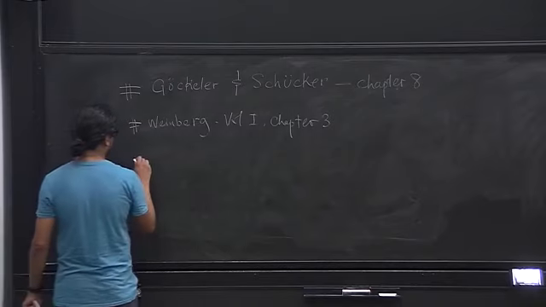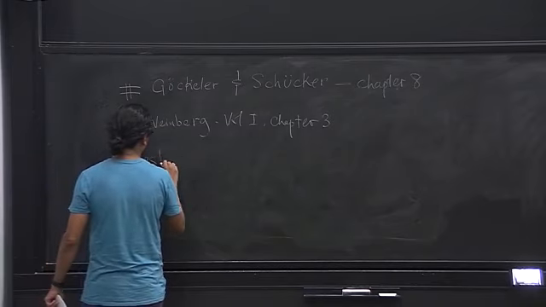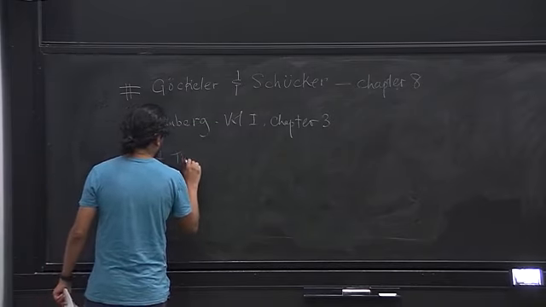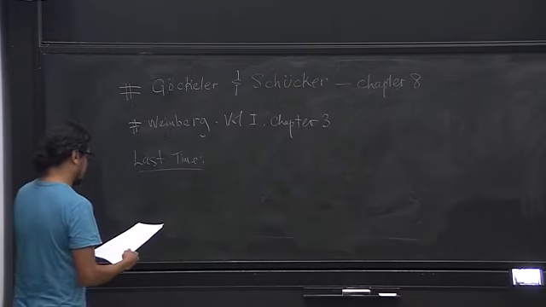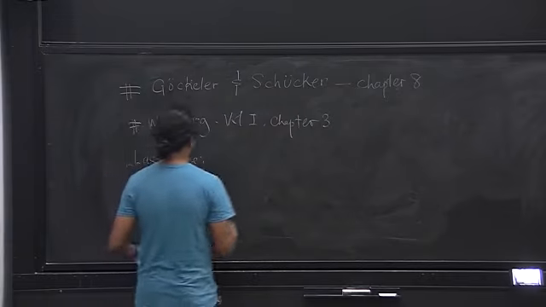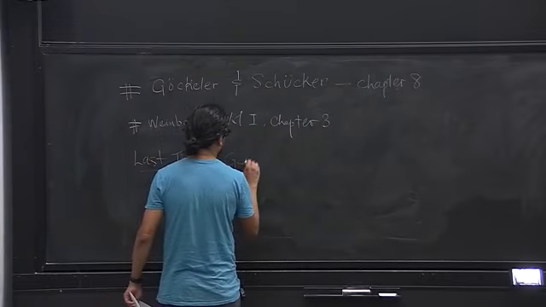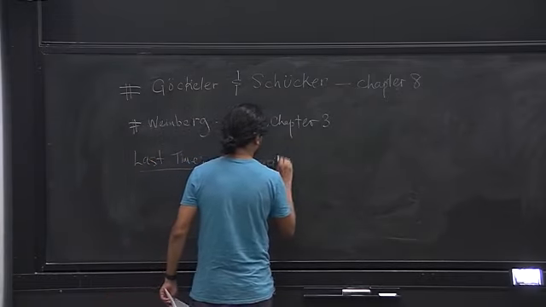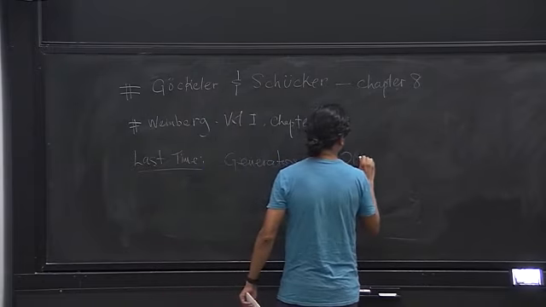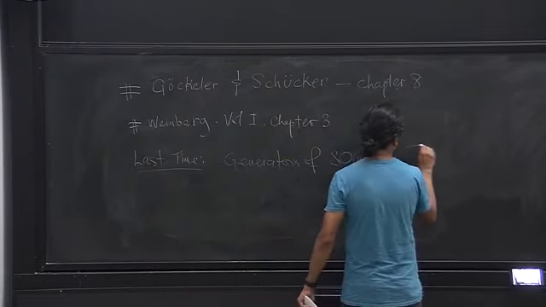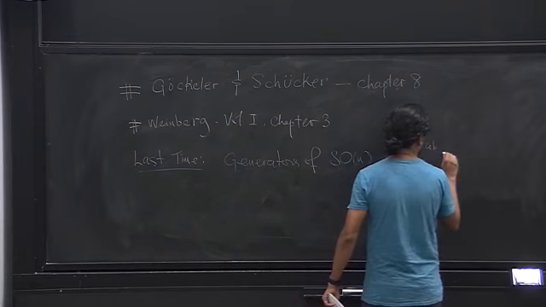So last time we finished with the statement that the generators of, say, SO(N) were antisymmetric matrices.